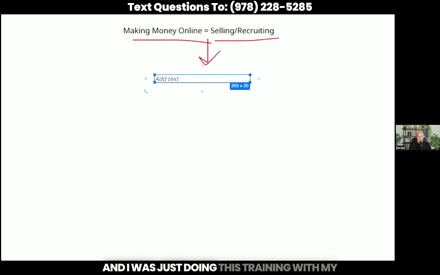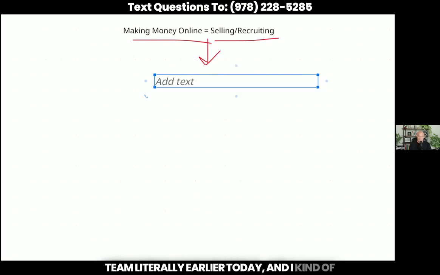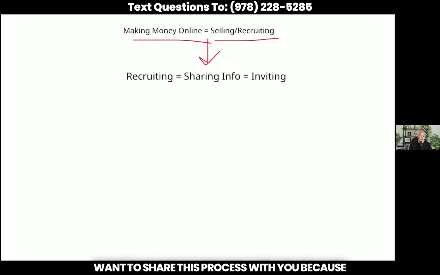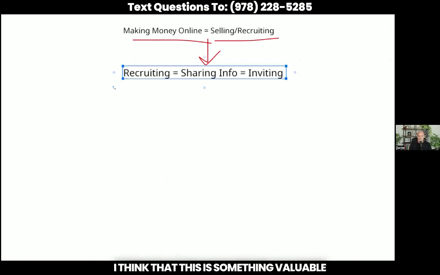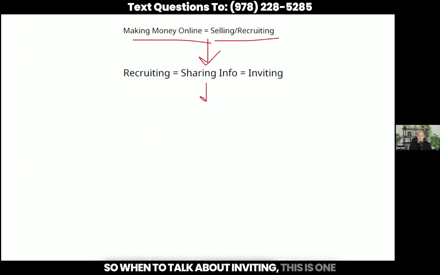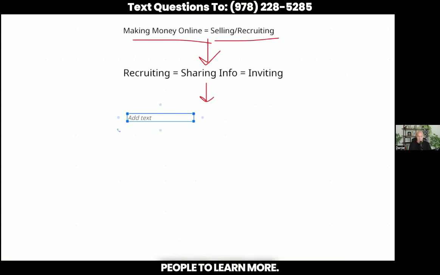I was just doing this training with my team earlier today, and I want to share this process with you because I think this is something valuable that everybody could gain here. When we talk about inviting, this is what I mentioned this morning to my team: you're just inviting people to learn more.